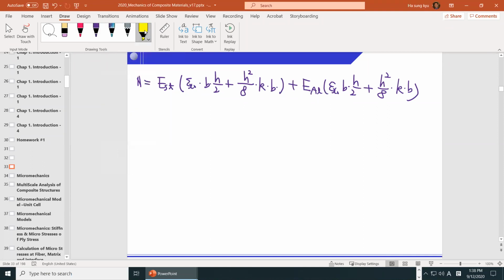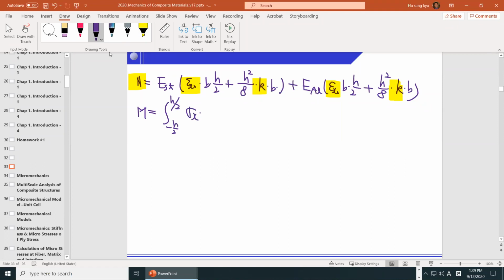The important point here is that this is the N, the in-plane load we apply, and this is the in-plane strain, and K. Other terms are all known factors. And now, similarly, we can derive the moment by definition.